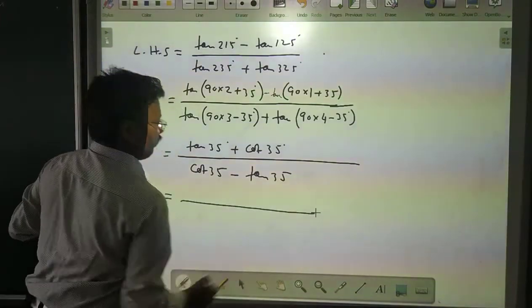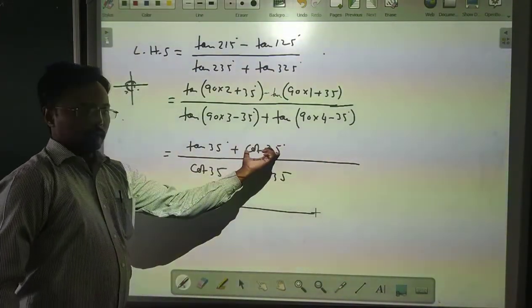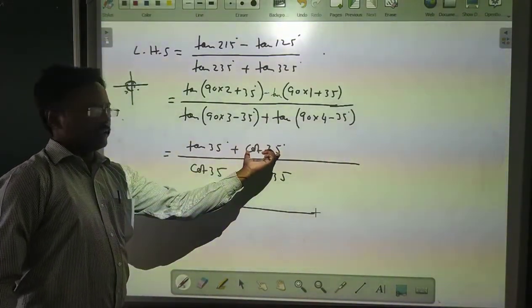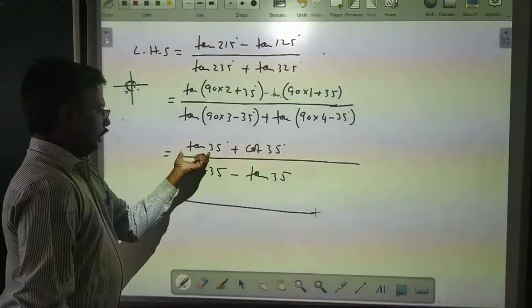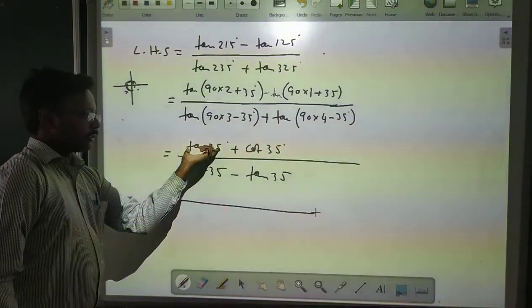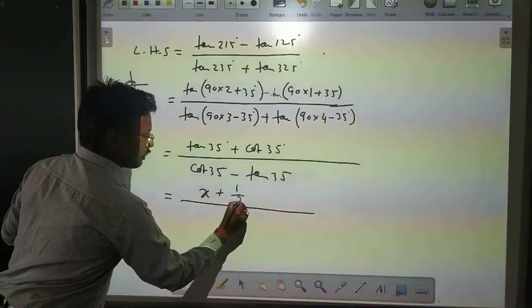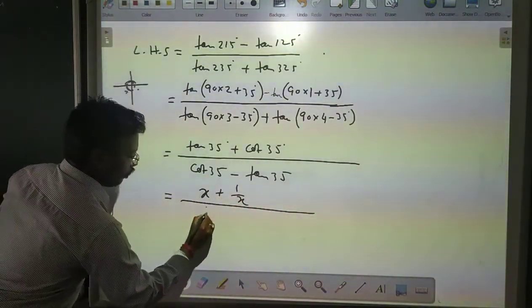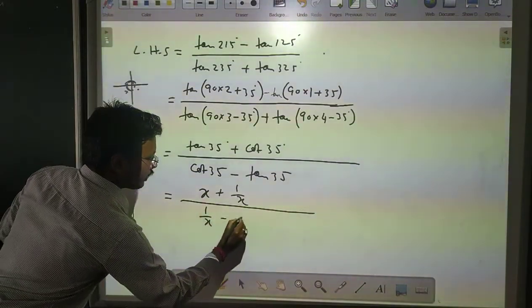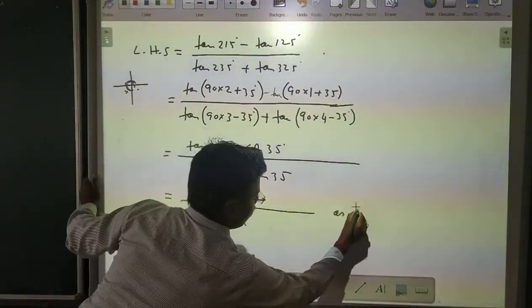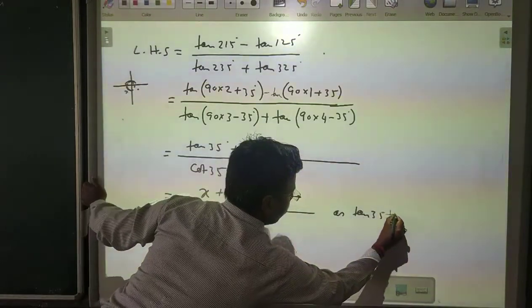Now, you know cot theta is 1 by tan theta. So cot 35 degrees is 1 by tan 35 degrees. You know tan 35 is x. So we get (x plus 1 by x) upon (1 by x minus x), as tan 35 is x.